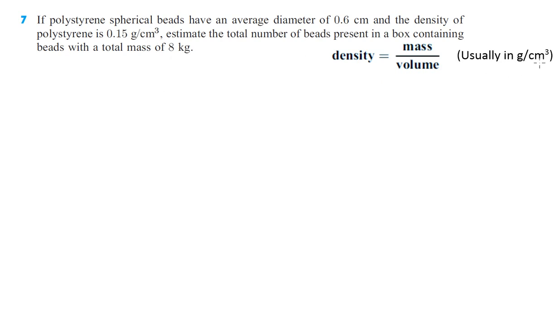We usually like it in grams per centimeter. So first thing I want to do is take that 8 kilograms and turn that into plain old grams. That's our King Henry died unexpectedly drinking chocolate milk, right? Kilograms over to grams is 3 spots over, so that's going to be 8,000 grams.